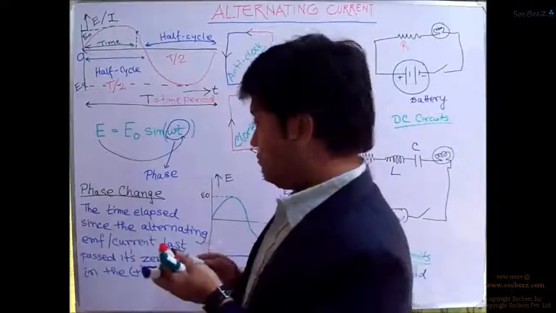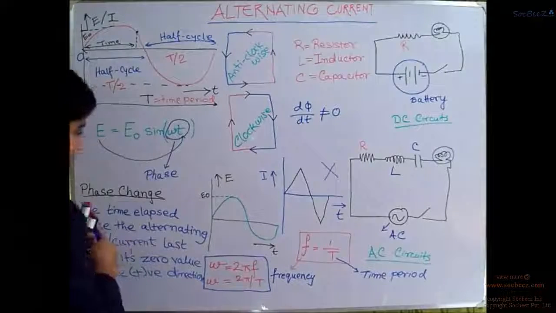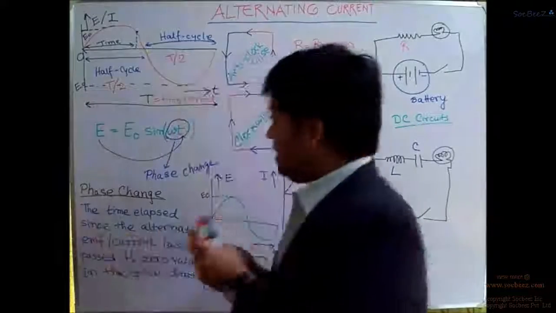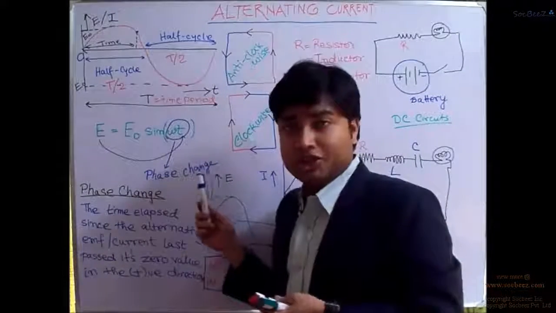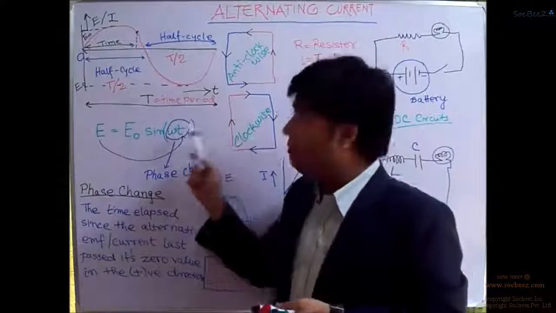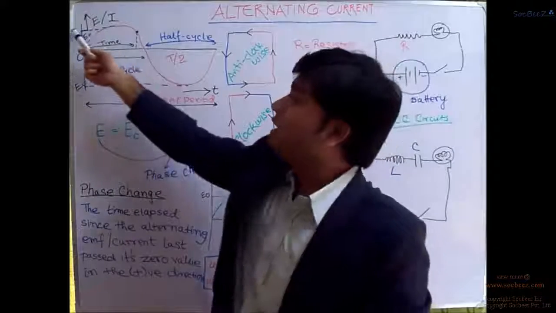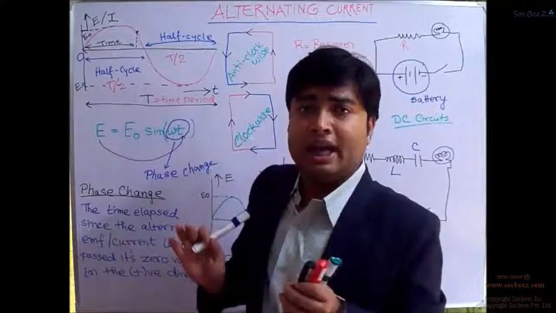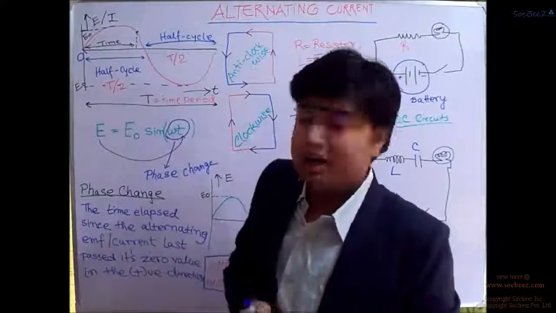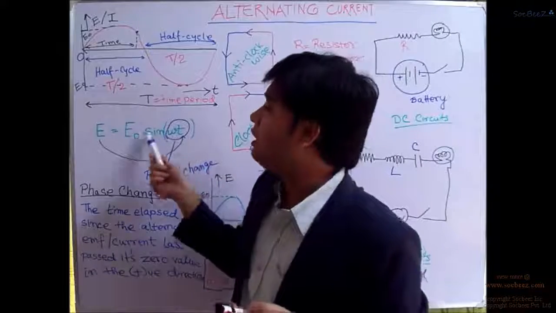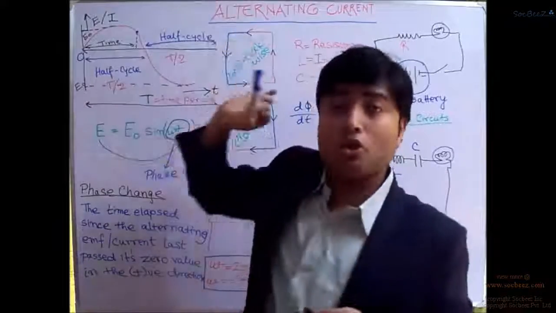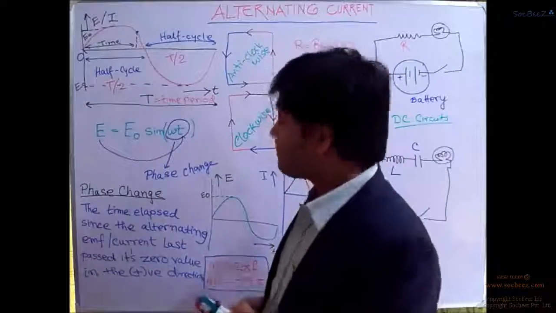So the sine of this phase change, when multiplied by the peak value of this EMF or the peak value of this alternating current, will give this point's EMF or this point's alternating current, right?